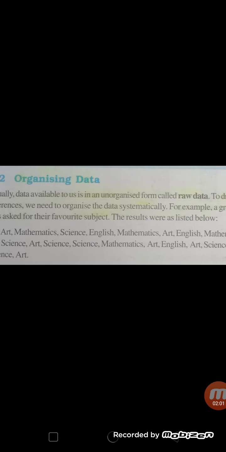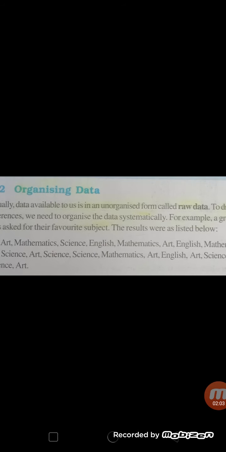For example, a group of students was asked for their favorite subject and the results were listed as below. Like some of the children said that they like art, some said math, some said science, and some said English as their favorite subject. So the question arises, which is the most liked subject and the one least liked subject?